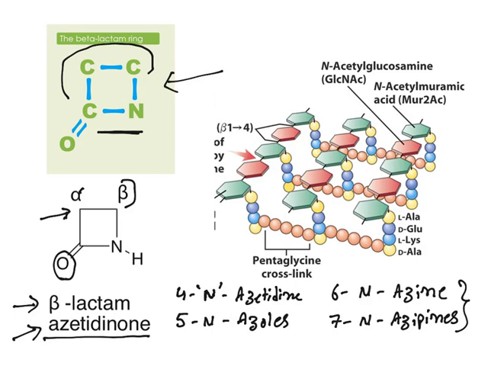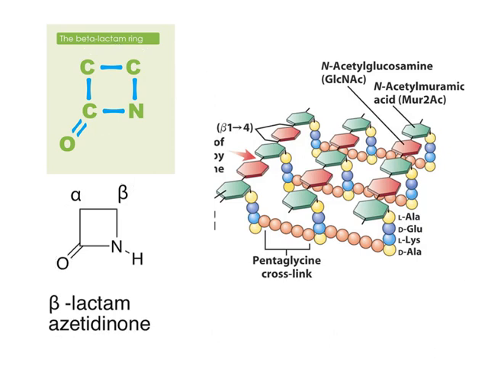Now, for all these beta-lactam antibiotics, the mechanism of action is as follows. See, this is the structure of peptidoglycan. Peptidoglycans are cross-linked with the help of a pentaglycine, and this happens with the help of an enzyme called transpeptidase. So, transpeptidase from the bacteria cross-links these peptidoglycans and strengthens the cell wall structure.